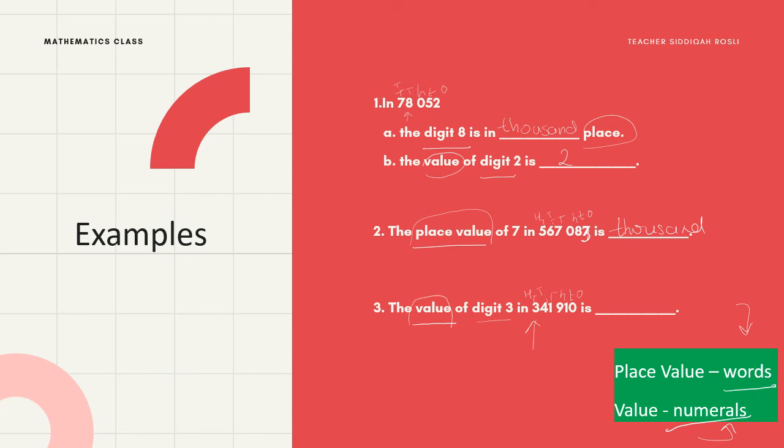Here value means numerals. So you take 3 and make the rest of the numbers 0. So there you go. Your answer is 300,000.